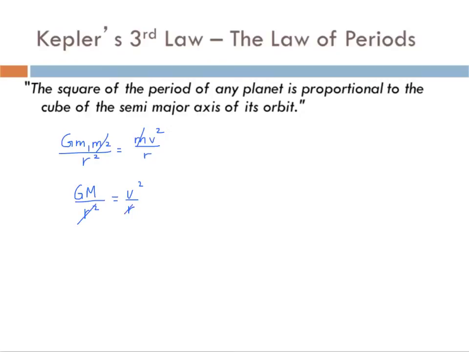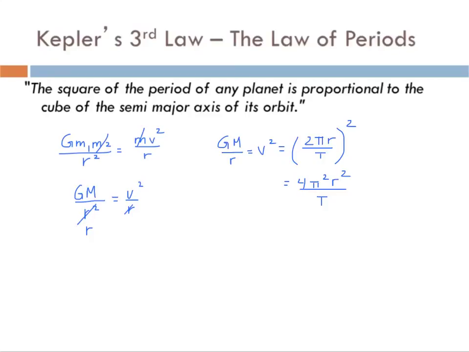And one of these r's will cancel out. So remember that if it's moving in a circular orbit, that velocity was 2 pi r over T. We're pulling a lot of stuff from mechanics back. So this piece becomes squared, and we get 4 pi squared r squared over T squared.